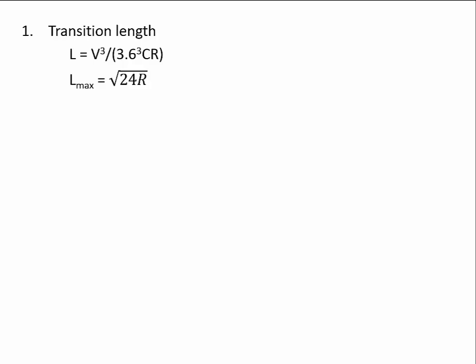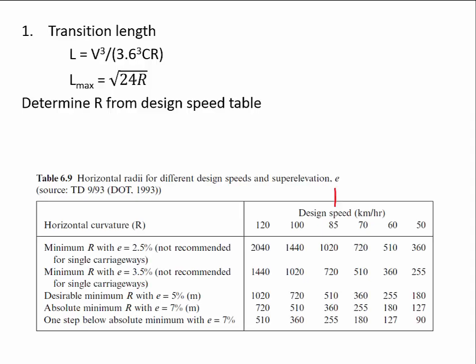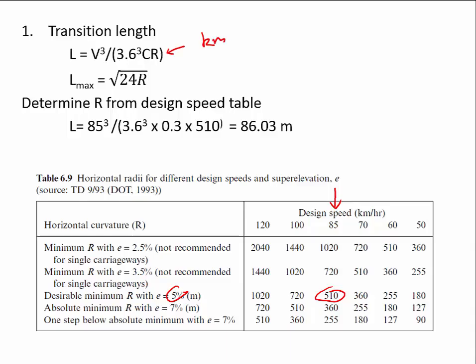So, transition length, we've got equations, plug them in. We can work out from our design speed table, we've got a design speed of 85 kilometers per hour, 5% super elevation, minimum radius of curvature is 510. Everything else we know. Now, make notes of the units of these, because V is in kilometers per hour, whereas radius is in meters.